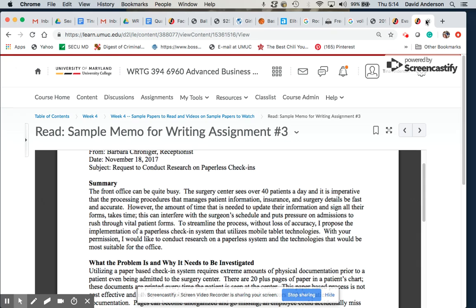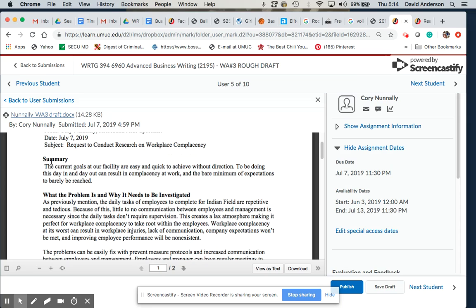Take a look at how this sample paper does it in one sentence. They're saying this is a busy, complicated process. To streamline the process, to keep it accurate, I propose a paperless check-in. With your permission, I'd like to conduct research to continue. So here you need to say, we have no communication, or the work is very tedious and repetitious.